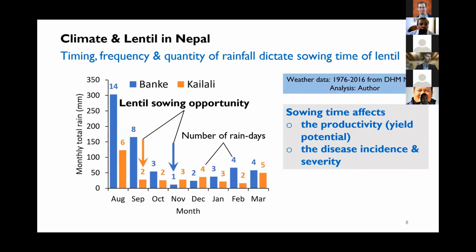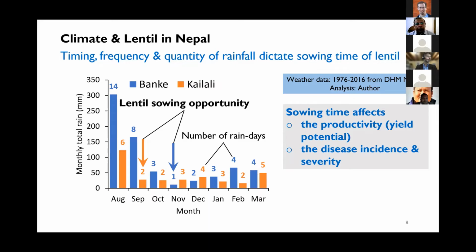So timing, frequency, and quantity of rain are the drivers for sowing lentil in Nepal. Taking the example of two major lentil growing districts, Kailali and Bake, the orange bar and the arrow show the rainfall scenario in August that facilitates sowing as early as September in Kailali district.